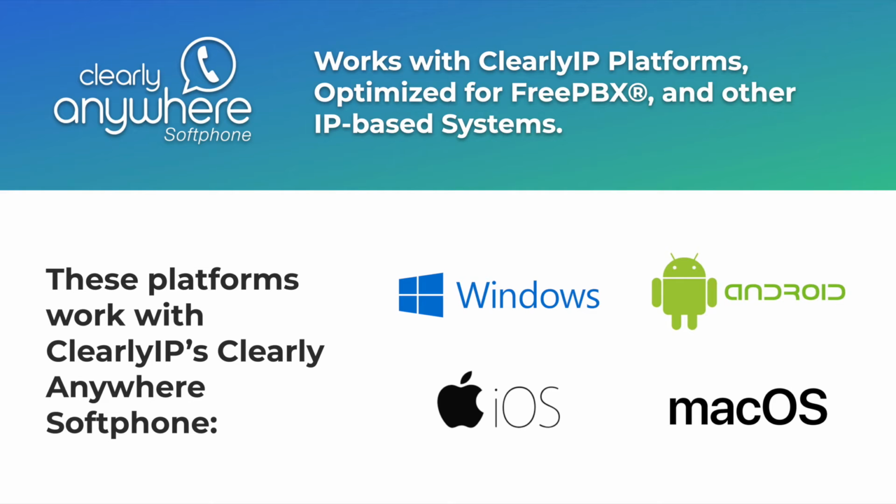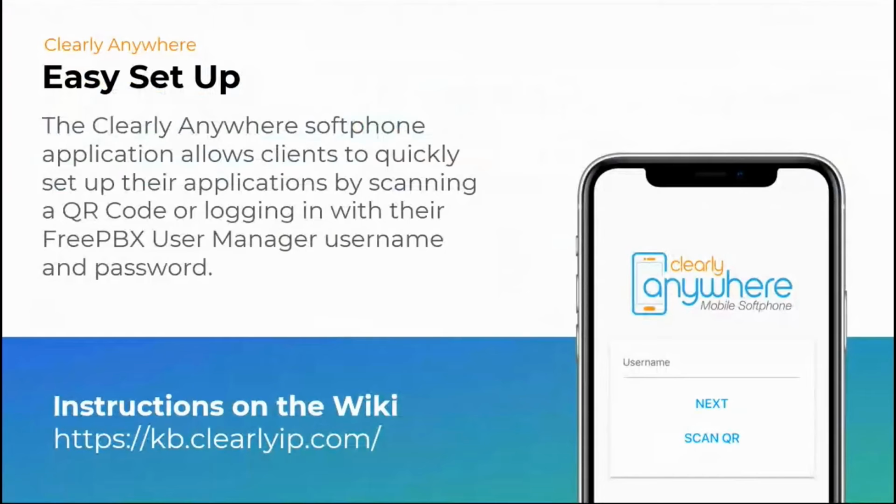However, they're not all the same in terms of features, and you also want to check on platform compatibility. So as an example, our Clearly Anywhere will work with Microsoft Windows, Android, iOS, and Mac OS. So you definitely want to check that to make sure that your soft phone application will meet all your personnel's needs and hardware needs. Setting up a soft phone could not be easier, truly.